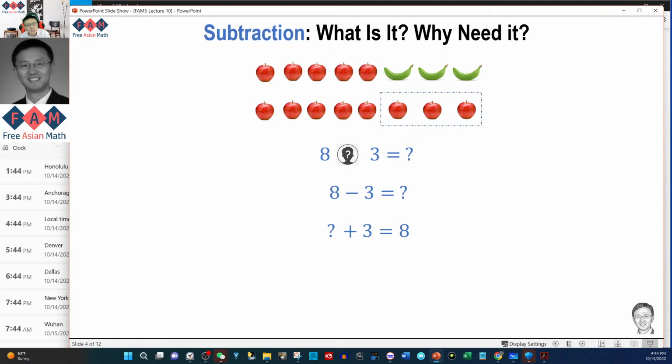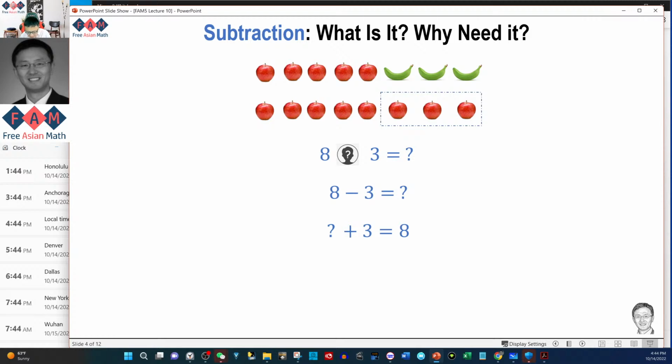One is with this new, not yet defined operation called subtraction. We want to define something for this 8 minus 3. On the other hand, we understand whatever result we have, this result should make the last expression make sense for that.